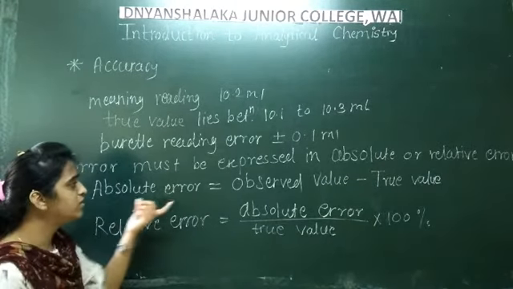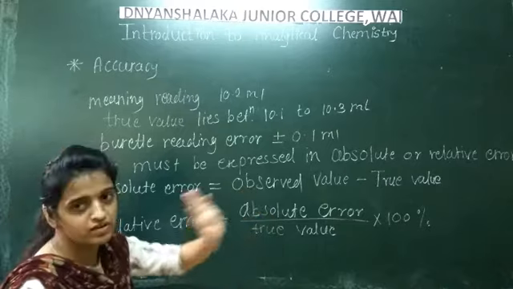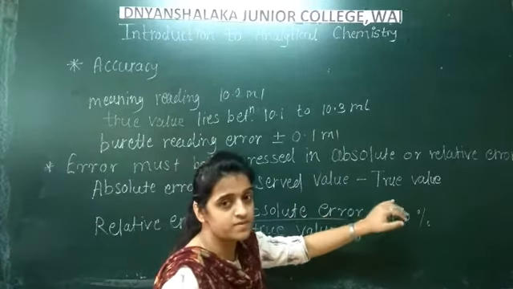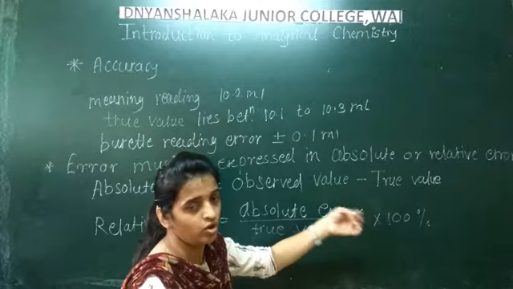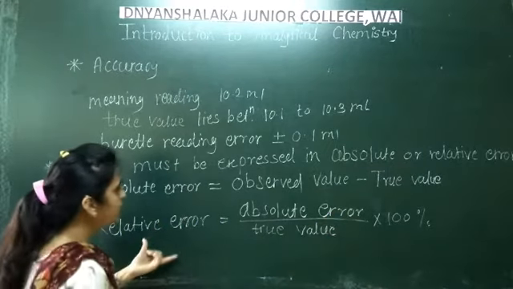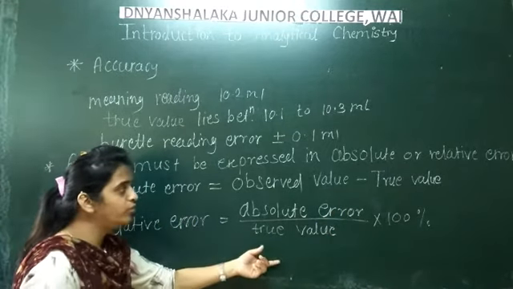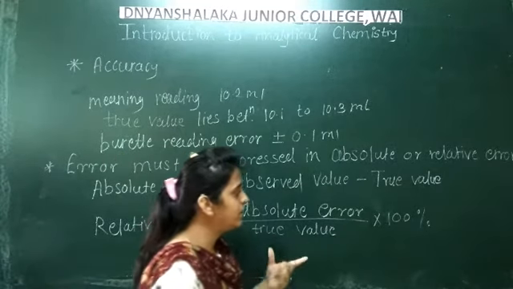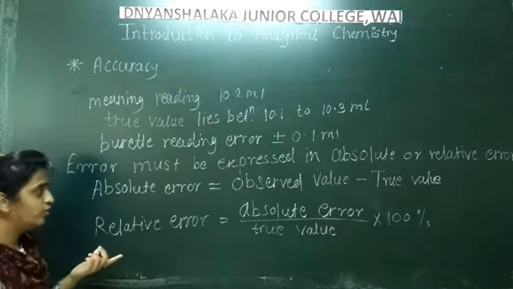Absolute error means observed value minus true value. True value means the accepted quantity of any measurement. Relative error means absolute error upon true value into 100%.